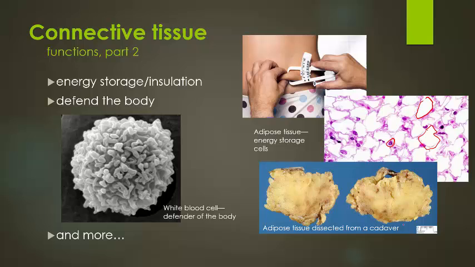Here's some adipose tissue dissected from a cadaver. And defense of the body is also a function, and so the white blood cell is the big defender of the body. And then there's even more functions, but I think we've talked enough about that, and we can move on forward.